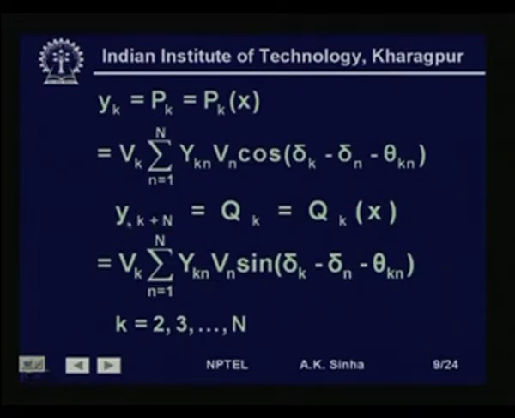So, we have y k plus n is equal to Q k, a function of x, which as we have seen earlier can be written as V k summation Y k n V n sin(delta k minus delta n minus theta k n), for k varying from 2 to n, that is for all the buses except the slack bus, which is bus 1 in our case.